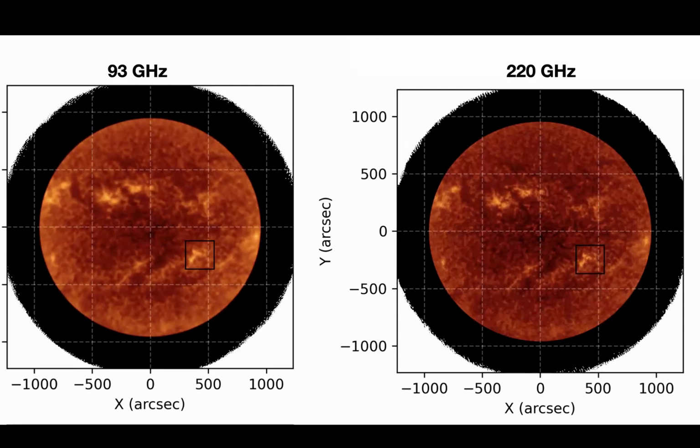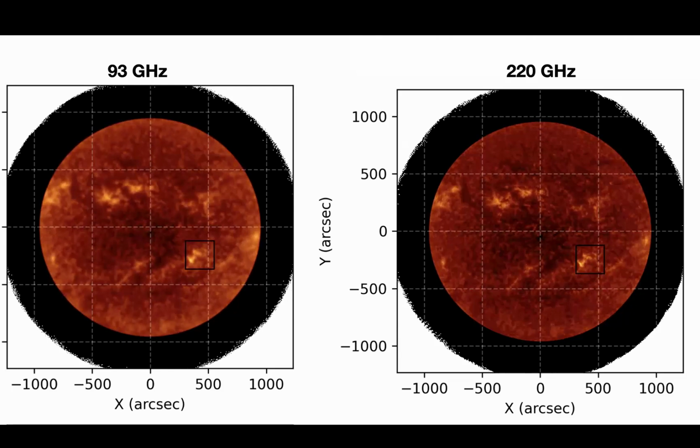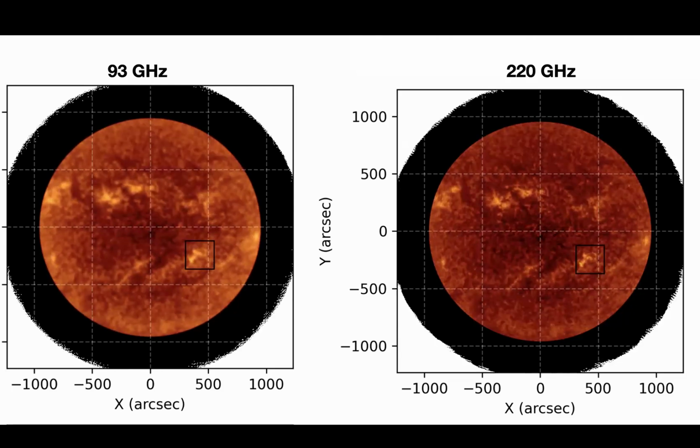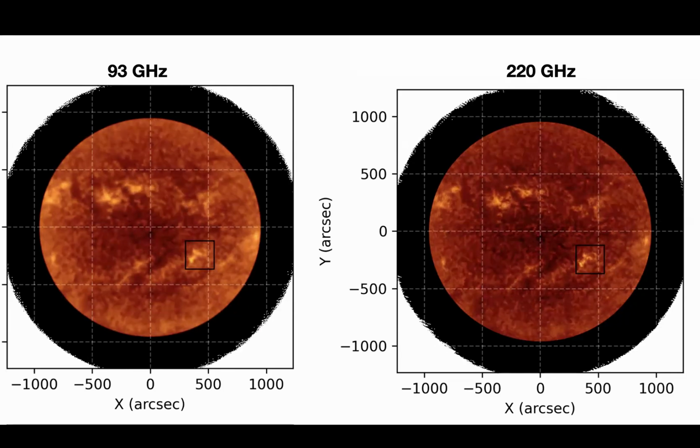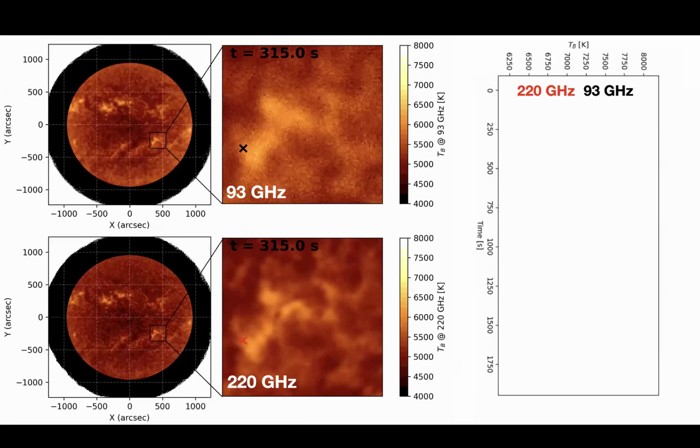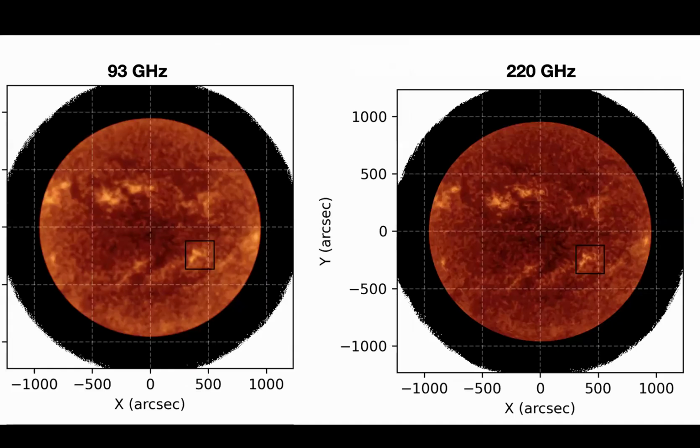But maybe what is most interesting here is that in this black box, you can actually see that the flare is captured both in space and time. So you can make out the flare quite well in both cases, and even better if you zoom in.